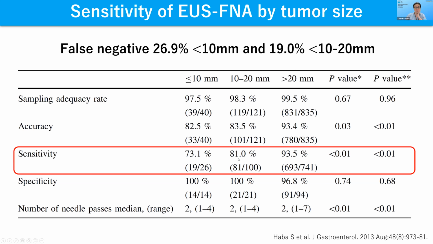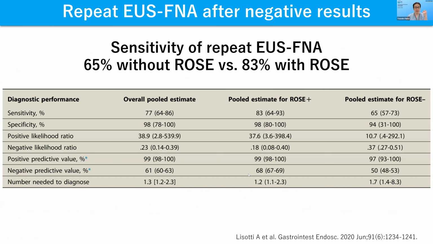So there's always a risk of false negative. So even if you get negative results in the first session, if the lesion looks malignant, then you should repeat EUS FNA or other diagnostic modalities.